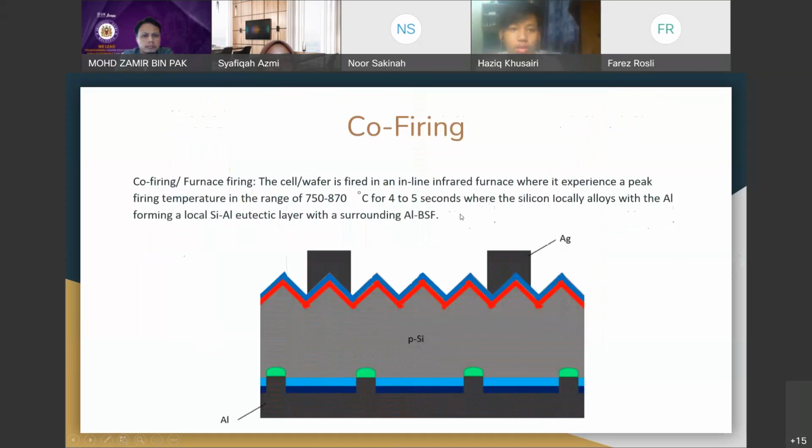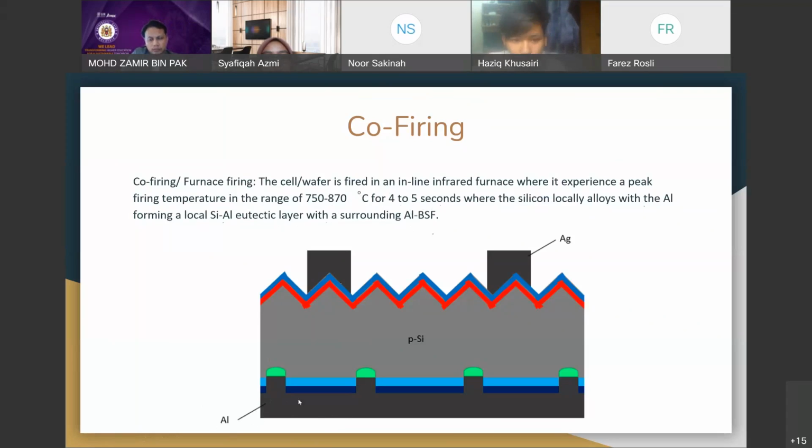Co-firing, or furnace firing, you may find this process with those two names usually. In this process, the cell or wafer is fired in an inline infrared furnace where it experiences a peak firing temperature in the range of 750 to 870, or sometimes I once read 850 degrees Celsius for 4 to 5 seconds, while the silicon locally alloys with the aluminium, forming a local silicon aluminium eutectic layer with the surrounding aluminium back surface field.